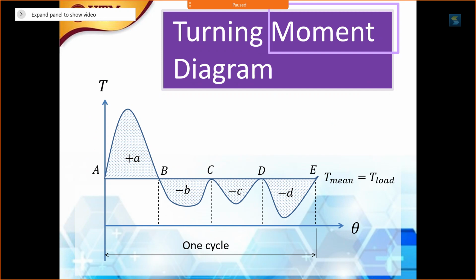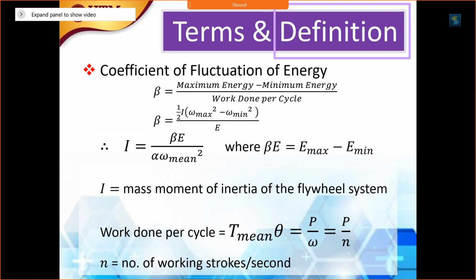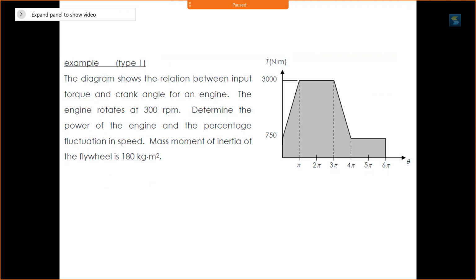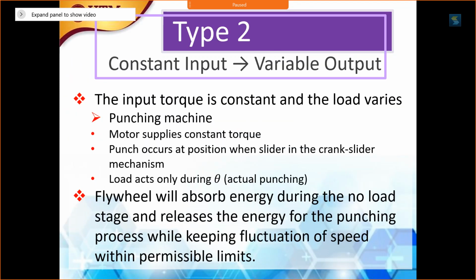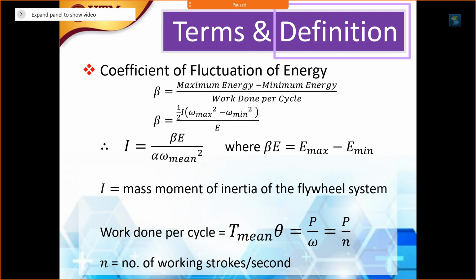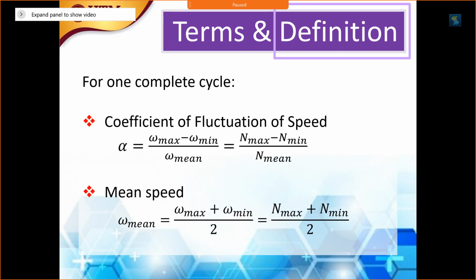All right, so for type number one, for areas upper than T mean, we need to consider as a positive, but if we have below T mean, we need to consider as a negative. But for type number two, we need to have a negative is upward and positive is downward.